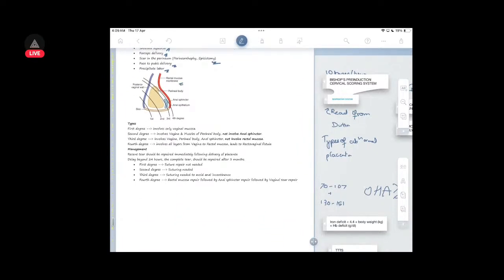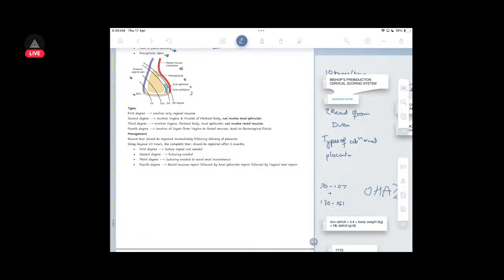So the rectal mucous membrane, the perineal body, the anal sphincter, and the posterior vaginal wall skin are here, and the degree of tear will be first, second, third, fourth, like this only.